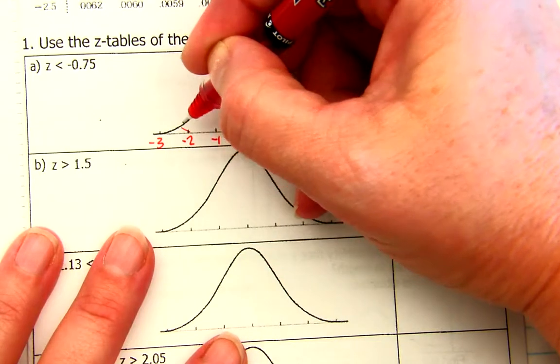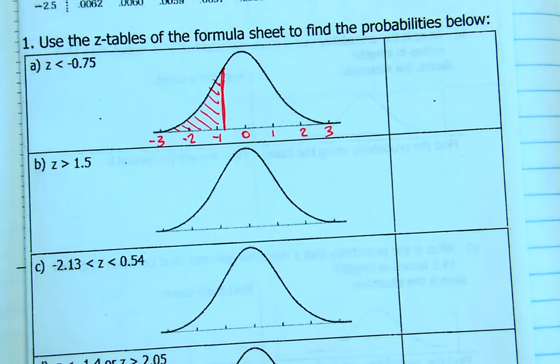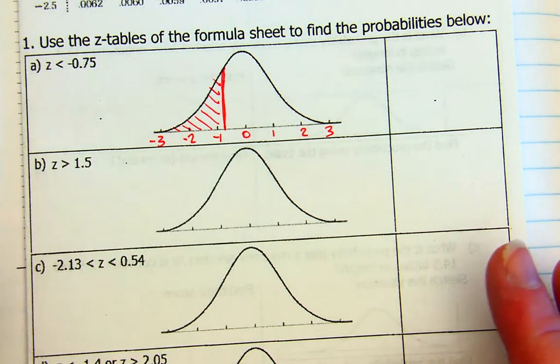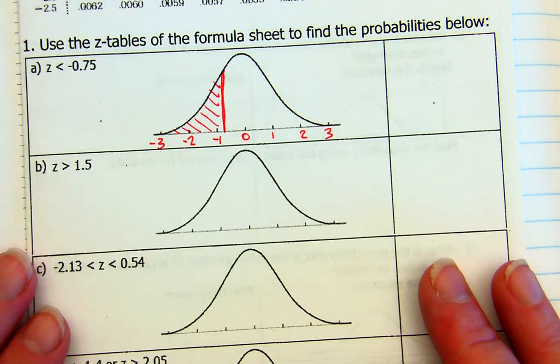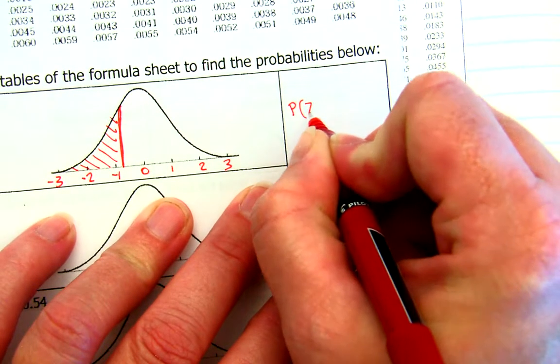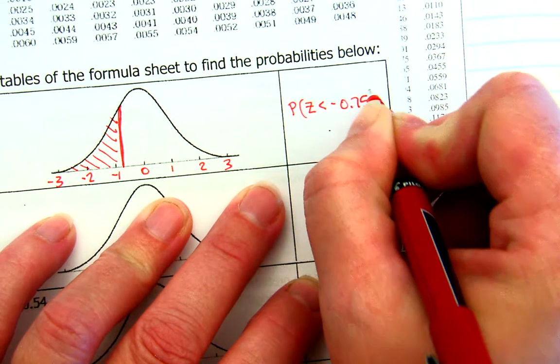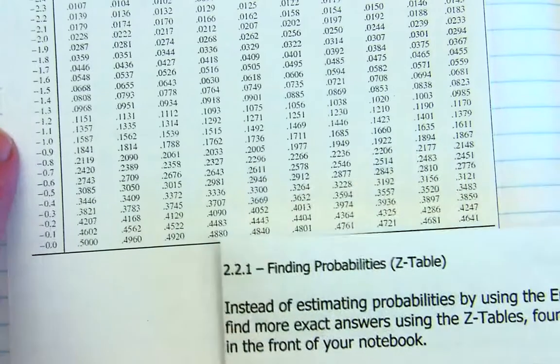So I'm just going to shade in over here on the left side. So then, if I want to know the probability Z is less than negative 0.75, I'm just going to look on the table. It's a negative, so I'm going to look on page 8.